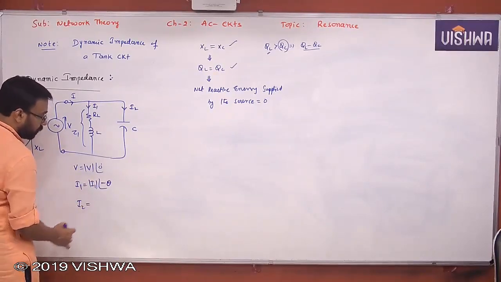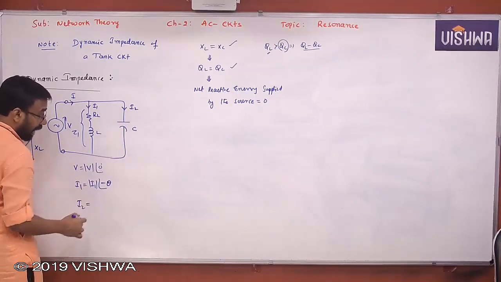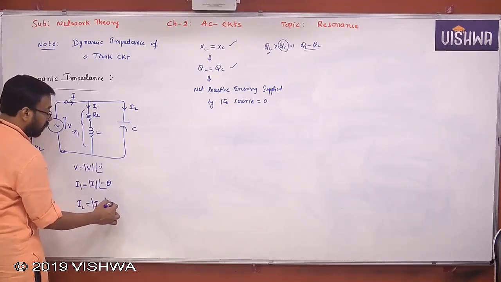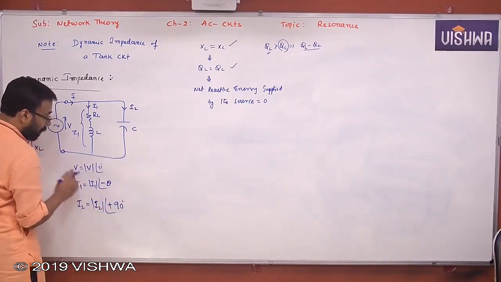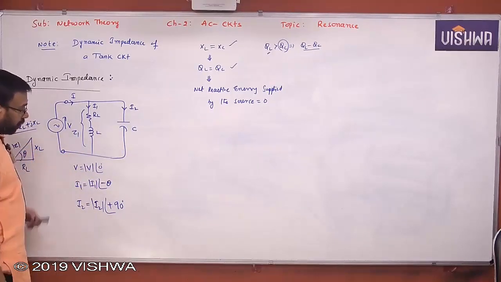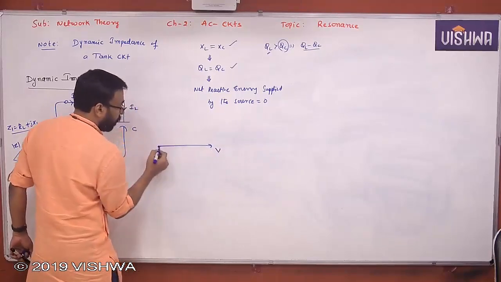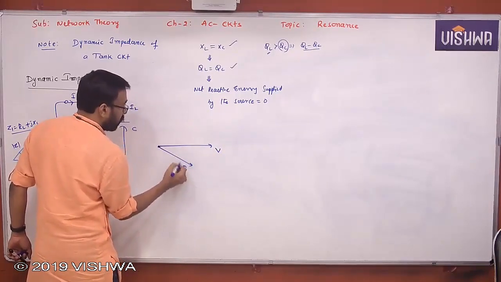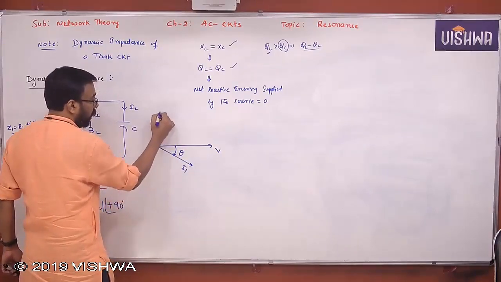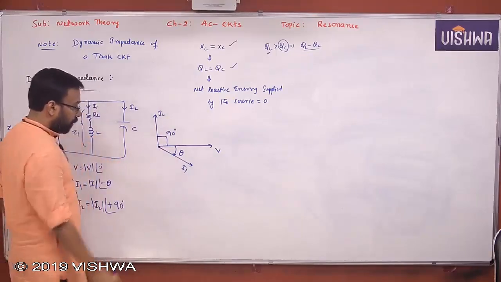I2 is I2 magnitude at an angle of plus 90 compared with voltage V. Now if you draw that phasor diagram, V, this is I1, making angle theta, and this is I2, making 90 degrees. Clear, all of you?